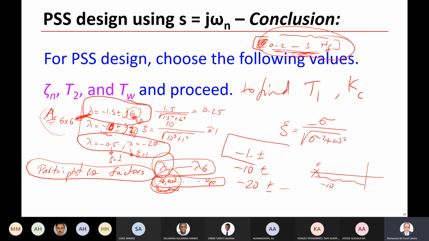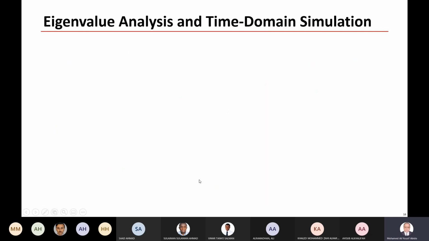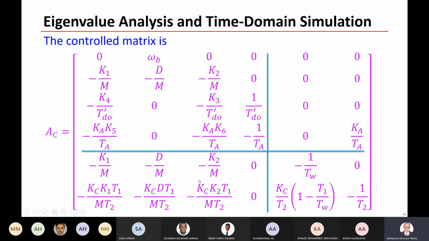You will pinpoint this one directly, which is the lightly damped, minus 1. Minus 10 is well damped, minus 20 is well damped. So this is also another way, by inspection, to easily pinpoint which mode is of our interest. So you can calculate zeta as such. Did I answer your question?